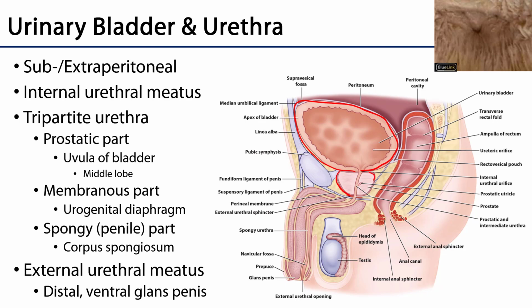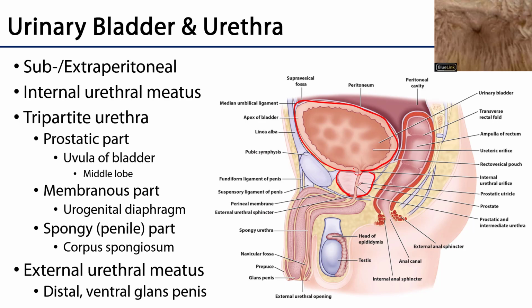So this is the prostate gland. We can see the internal urethral orifice there, and we can see that it is sitting at a point that is partially enveloped by the prostate gland.